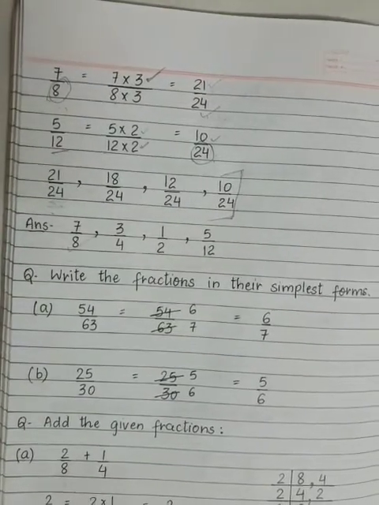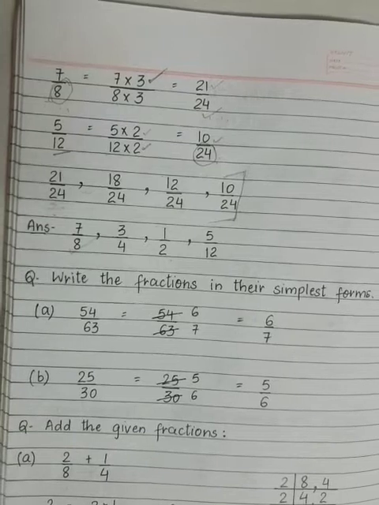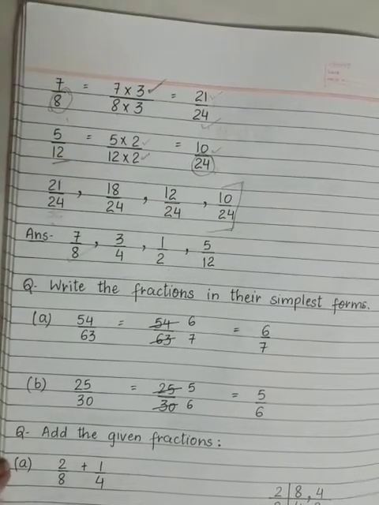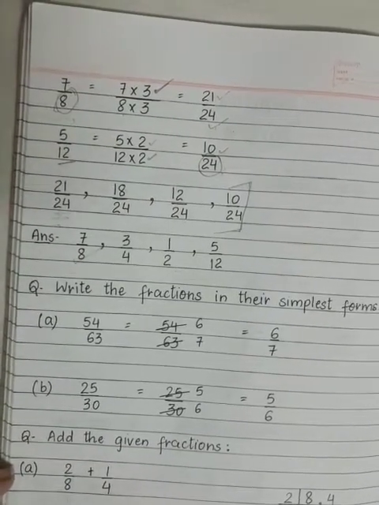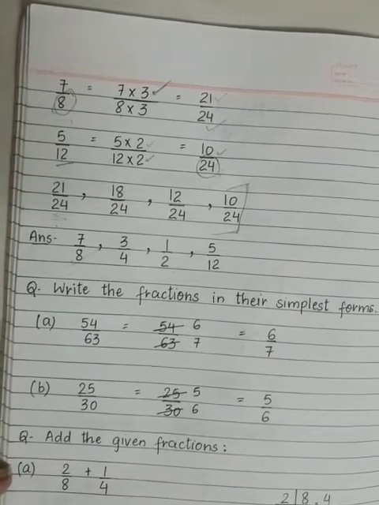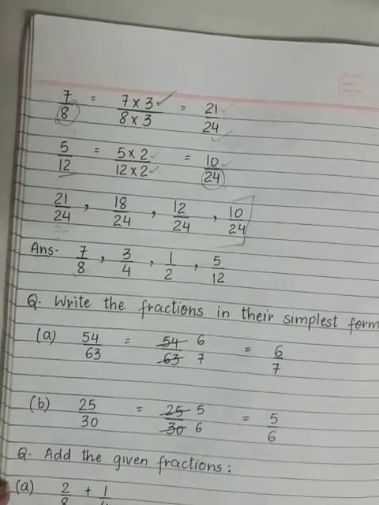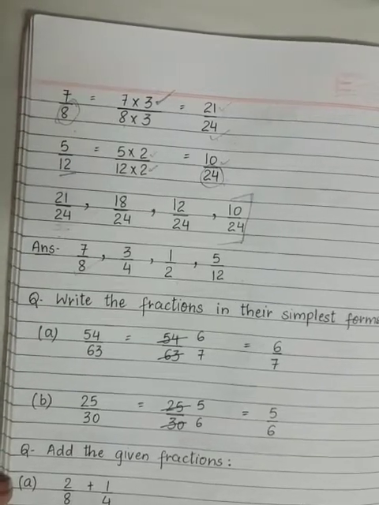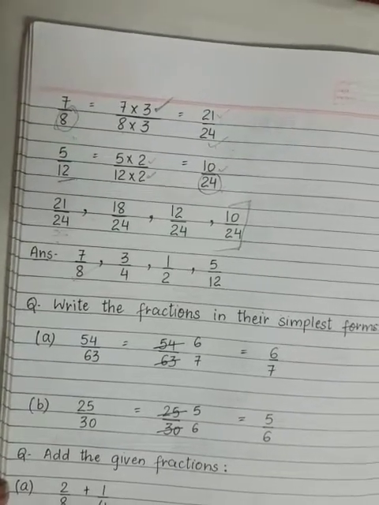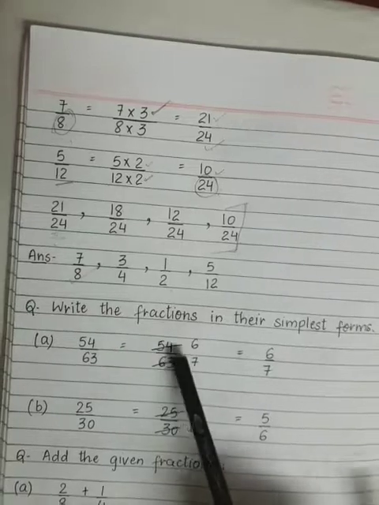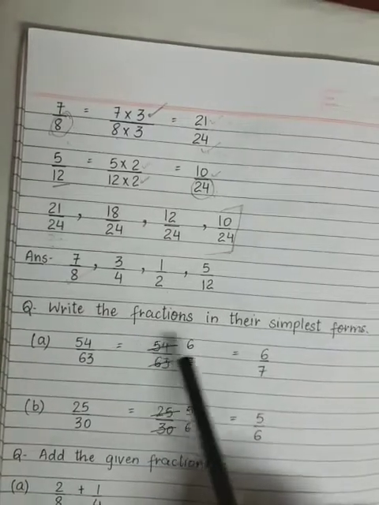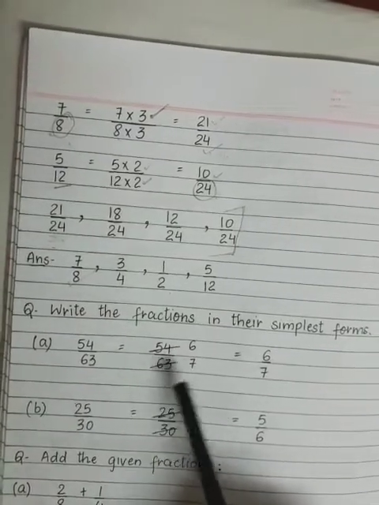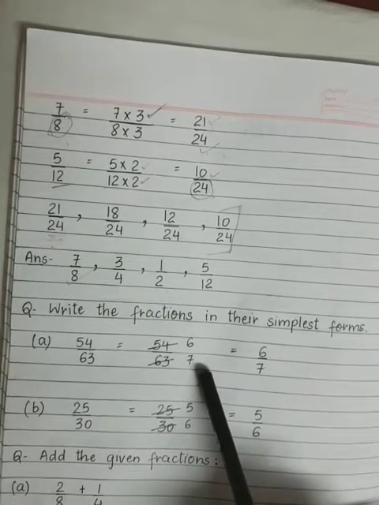Okay, children? So, the highest common factor of 54 and 63 is 9. Okay, because 9 is a number that divides both 54 and 63. There are many other common factors, but this is the highest common factor. So, that is why we divide by 9. 9 6s are 54 and 9 7s are 63.